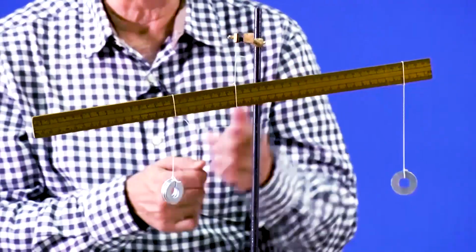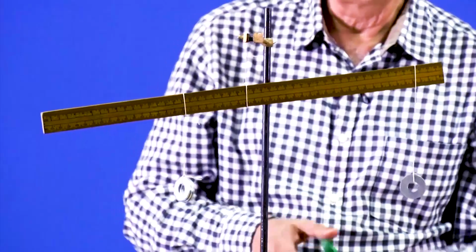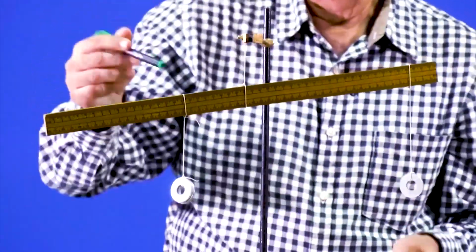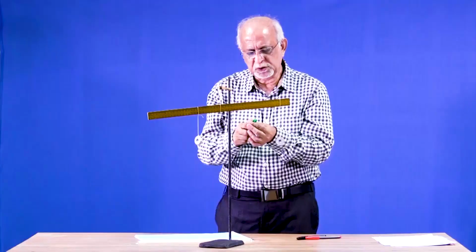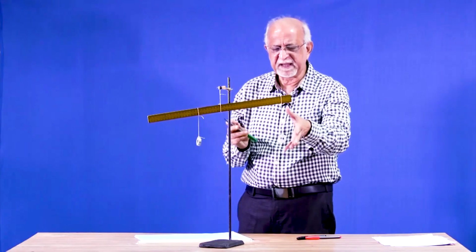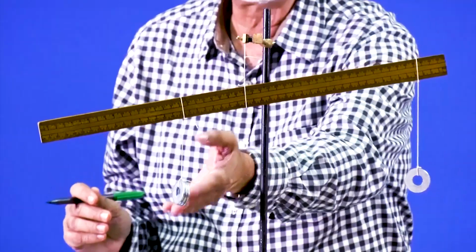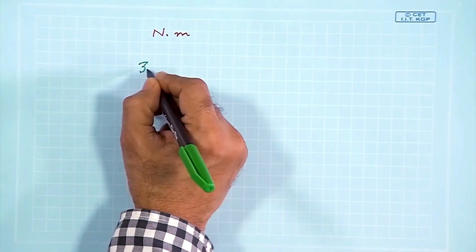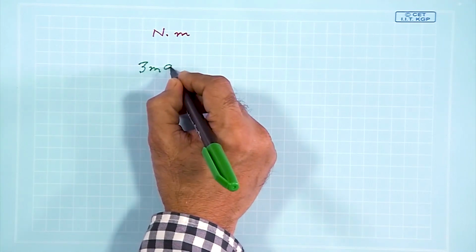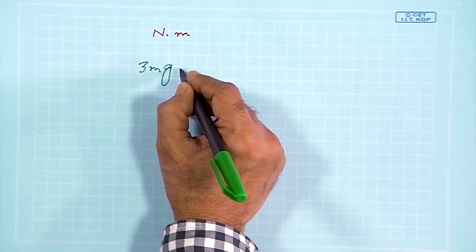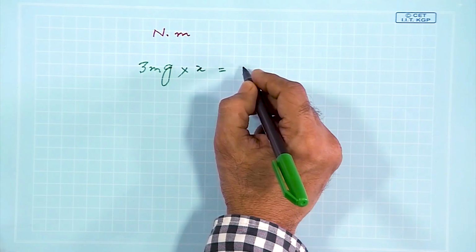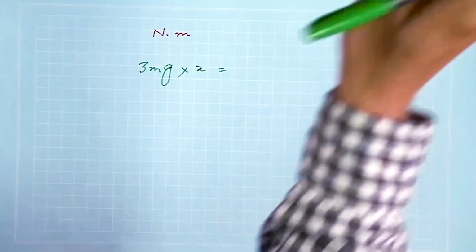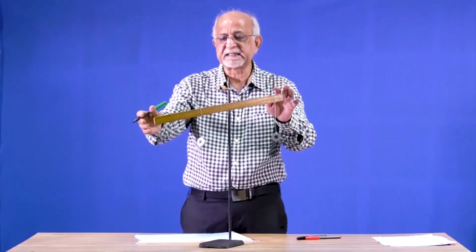If you take a closer look at the scale, you will find the distance covered over here is more or less 3 times the distance covered over here. Roughly speaking, if we call this mass m, this is about 3m. So, on my left side, 3m is the mass and 3mg is the force. This multiplied by, say, distance x is equal to the moment on the right hand side.